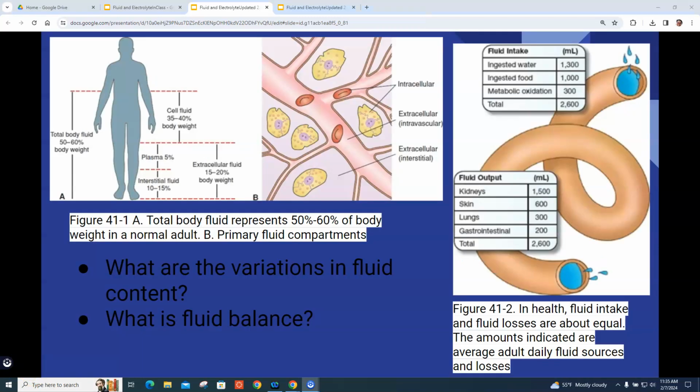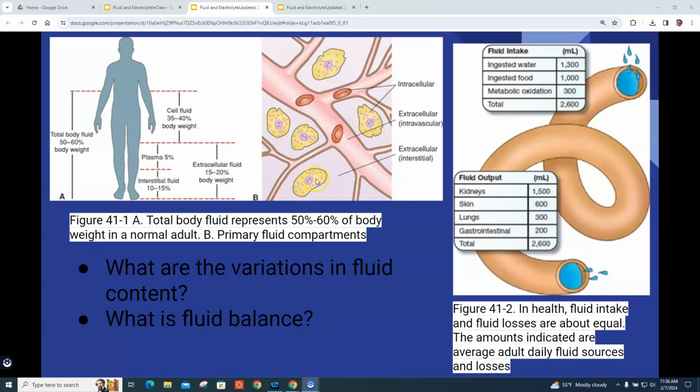I wanted to go back to this slide so that you understand where each electrolyte is found. So the compartments are as follows. We have an intracellular fluid compartment, which is the fluids that are found within a cell, and it constitutes about 70% of the total body of water or 40% of the adult's body weight. This is your intracellular, so everything inside these cells.